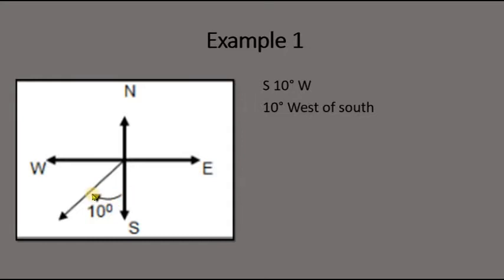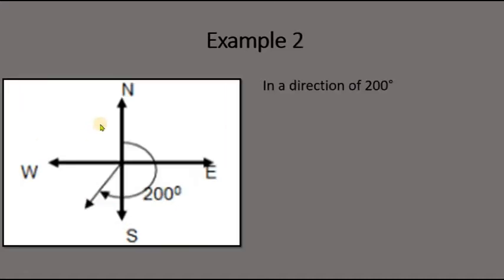So we will read this one as south 10 degrees west, or it can be 10 degrees west of south. This one you will see starts at the north and it goes all the way around. So this we will read as in a direction of 200 degrees. So you will measure the 200 degrees from north all the way around.